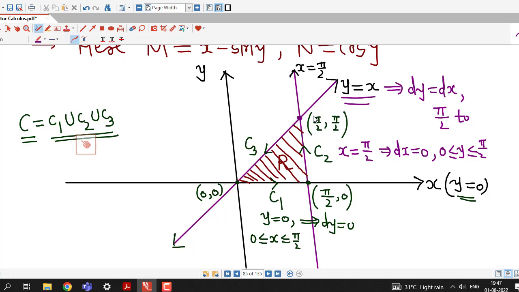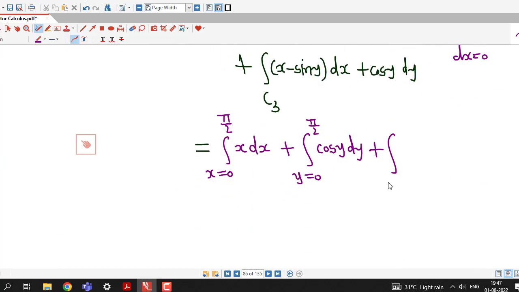At this point x is pi by 2, at this point x is 0. So limits of x will be from pi by 2 to 0, and we will put y equal to x.